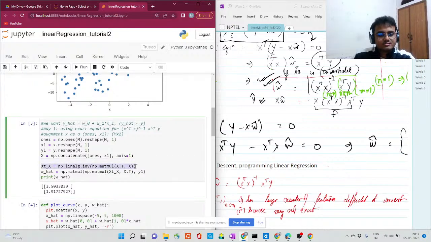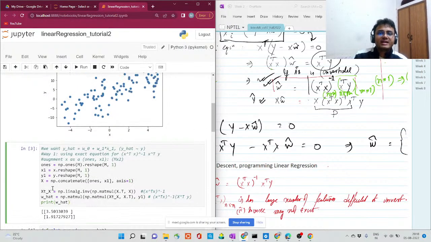This is X transpose X inverse, and then Y hat in turn is, you use this inverse multiplied by X transpose Y. That's what I've done.